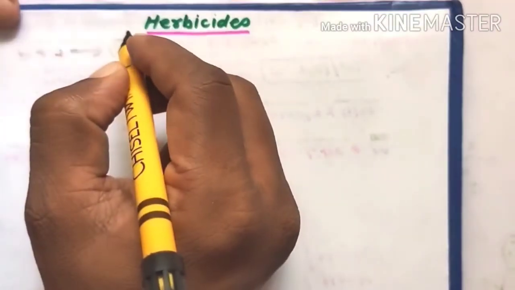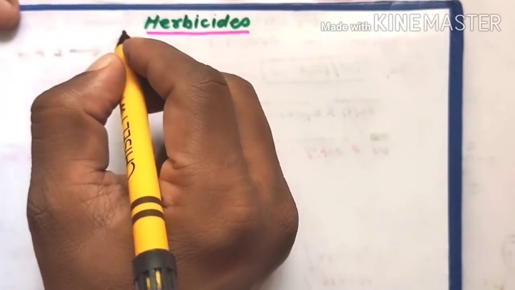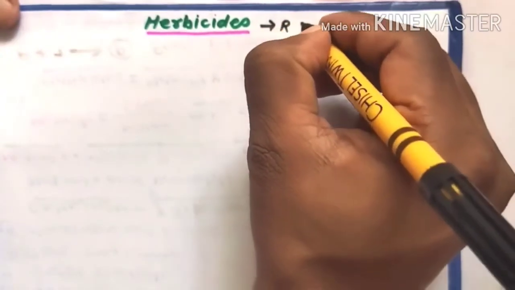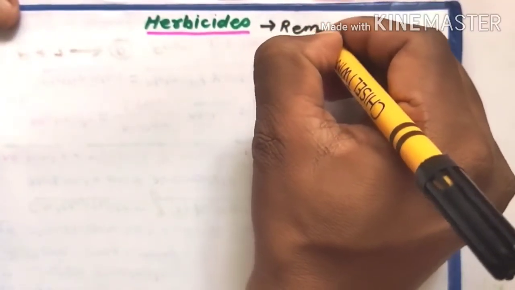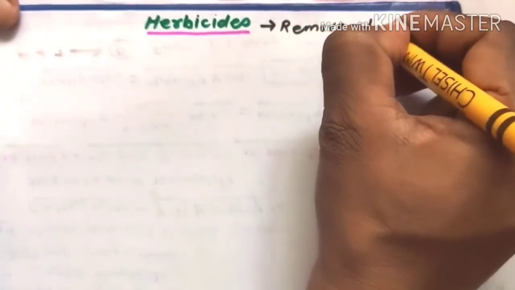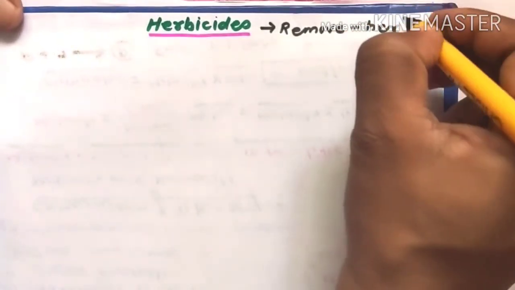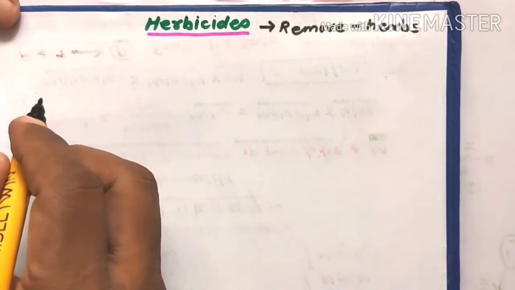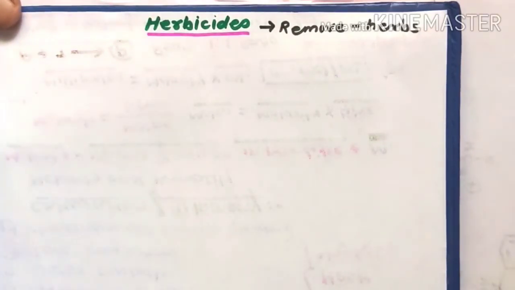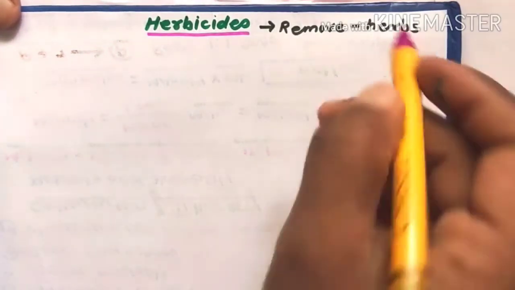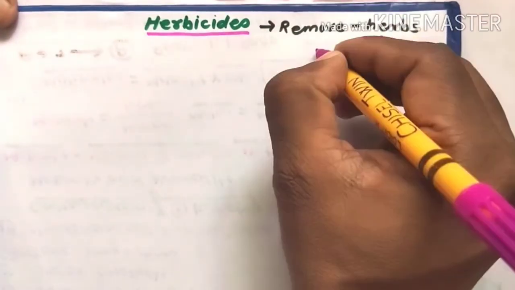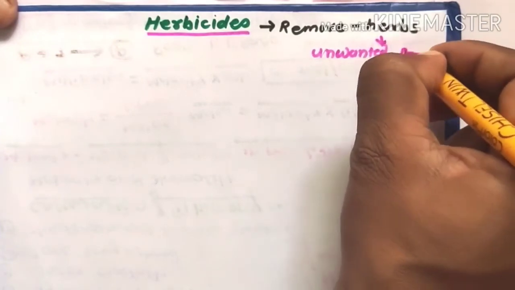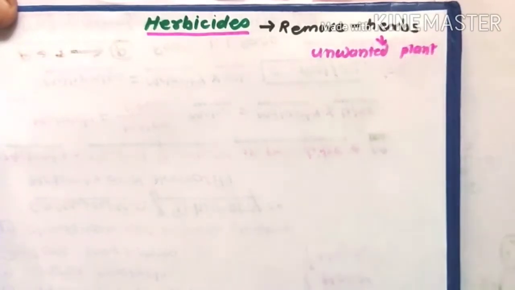That is, herbicides are chemical components used to remove herbs, which are unwanted plants.